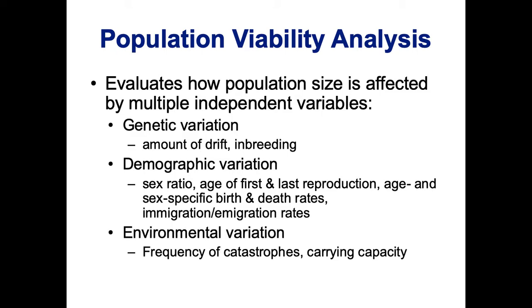And you can also incorporate environmental variation. So you can put in different frequencies of catastrophes, you can add in carrying capacities, all these sorts of things, so we can help understand what is driving population sizes.